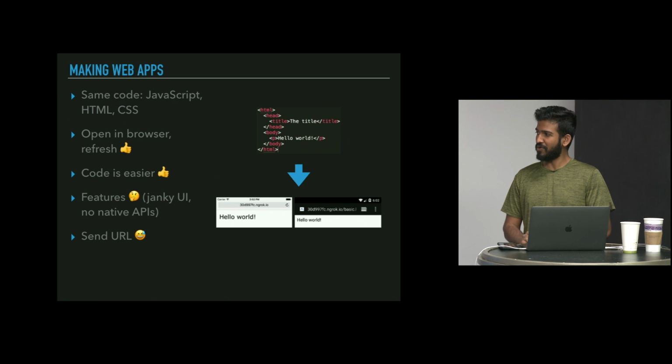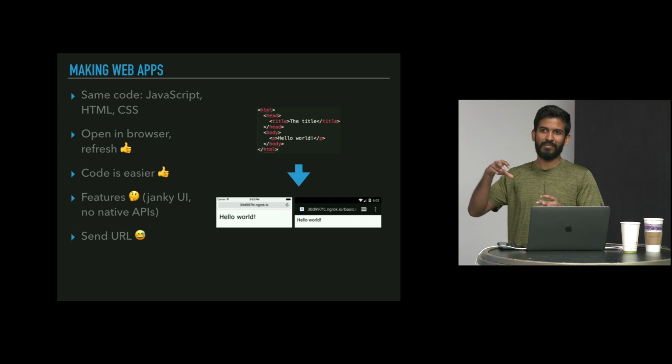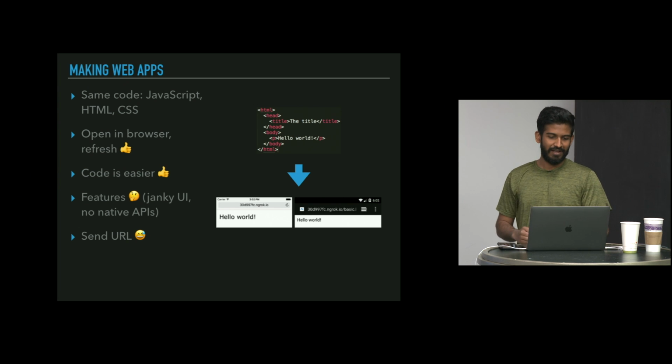But feature-wise, it's problematic because the user interface tends to be sort of laggy. It doesn't have all the features that you would get with a native map view, and it's hard to, I think it's probably impossible, I'm not sure, but it's hard to jump into the native Facebook login from a browser and then come back to it. And there's a lot of native APIs that you want. That Facebook login is a basic example.